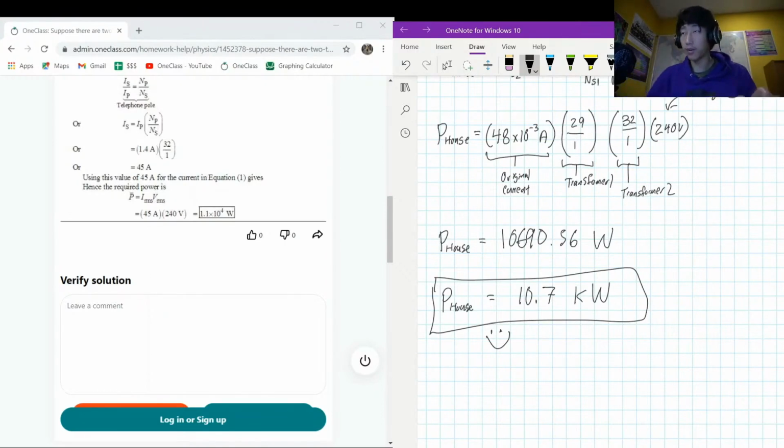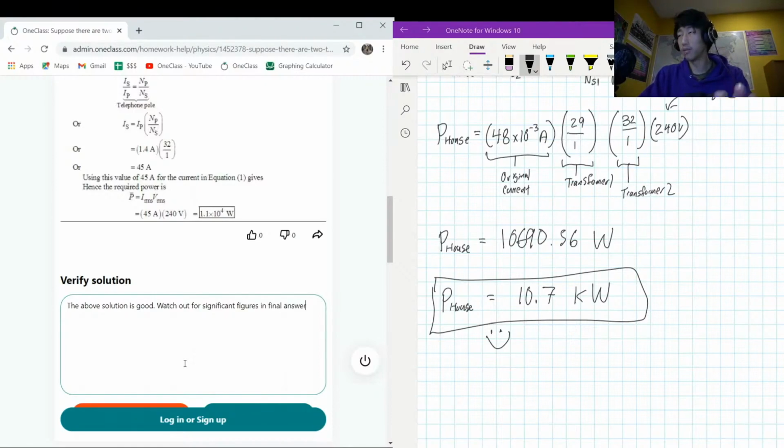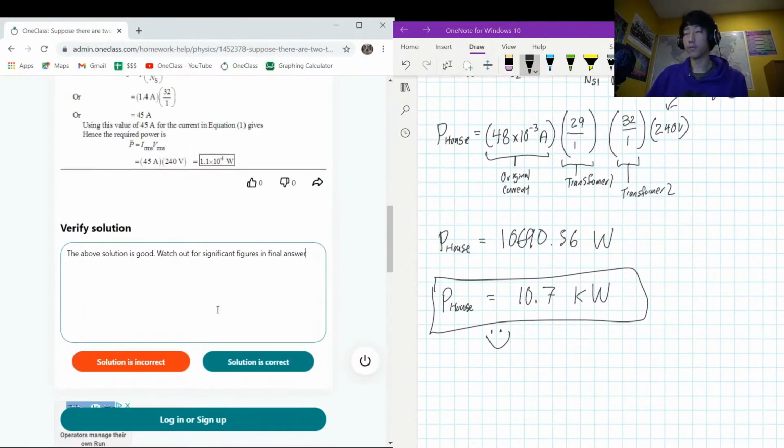Okay, so we can mark this question as good. The above solution is good. Significant figures in final answer. Cool. Nice.